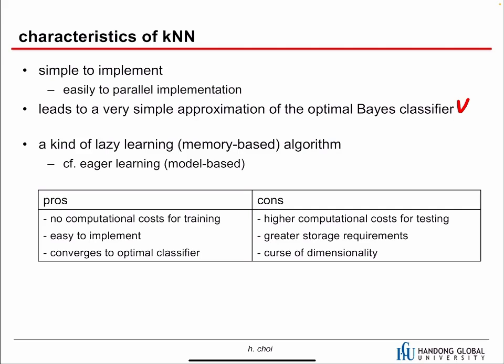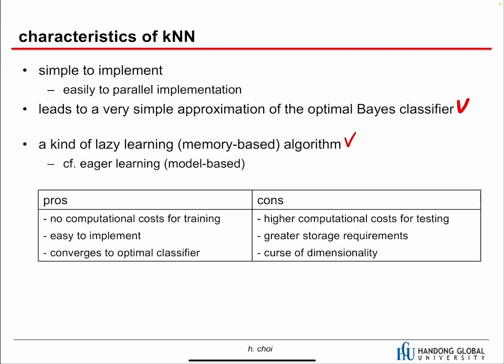We use training samples to train the model, and once the training is done, we don't need the training samples anymore. That's a model-based algorithm, or eager learning. The model learns a lot from the training samples, and then we don't need them anymore. But kNN is the opposite. We don't train that much in the training phase. Actually, there is no such thing. There's no training in kNN.